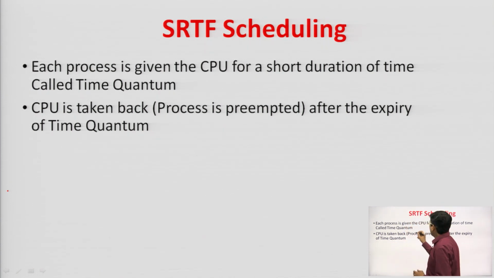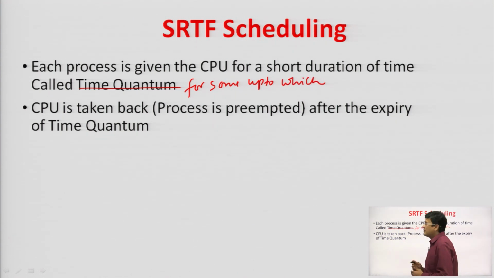It is not a time quantum, but a duration lasting until no shorter process arrives. The moment a shorter process arrives, we will preempt this process. So the CPU is taken back from the process when a new process of shorter duration arrives.